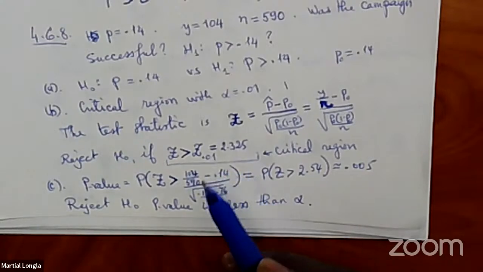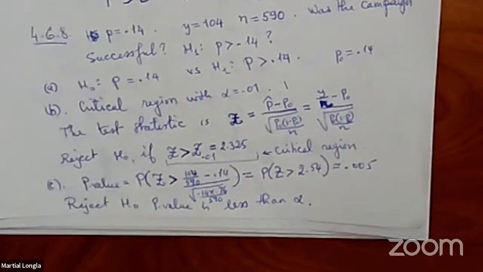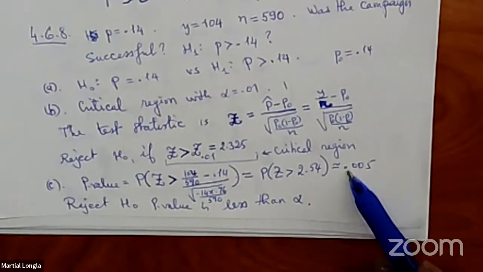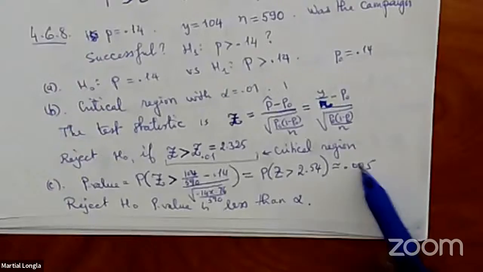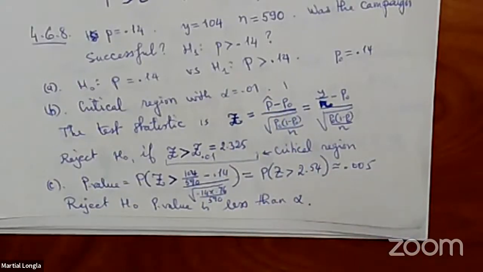Yes. So you reject H naught. When you base your decision on the p-value, we say that we reject when the p-value is less than alpha. And in this case, your p-value is 0.005, and that's definitely less than 0.01. So either way, you will reject the null hypothesis. Any questions on this?